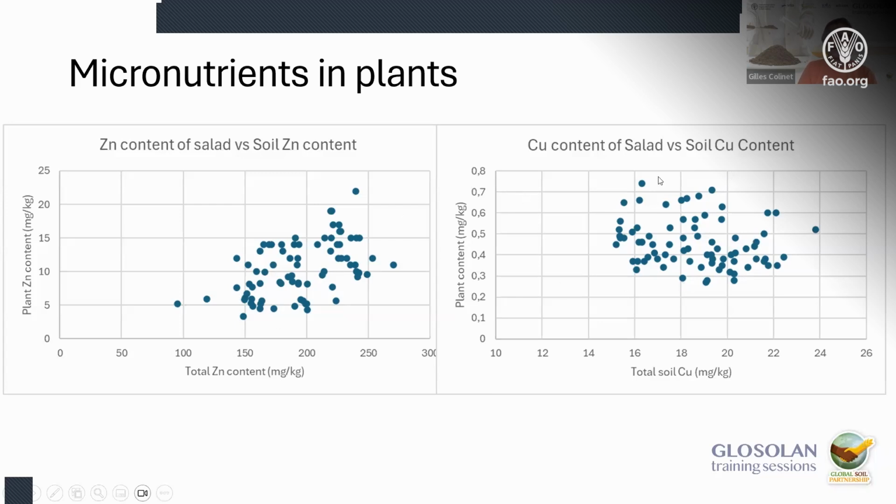You can see that there is absolutely no relationship for the copper, and maybe a small trend, but with a very poor R square, between soil zinc content and plant zinc content. But this relationship could be more valuable if we had less zinc in the soils. We maybe should see a trend of progress.